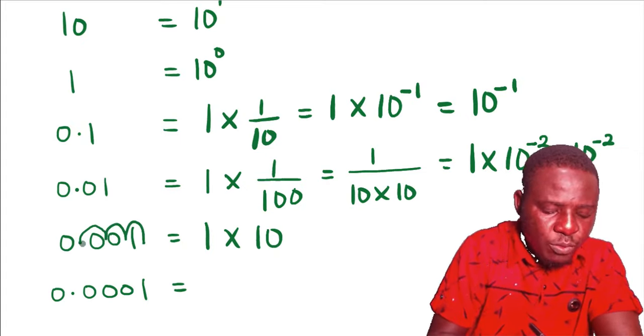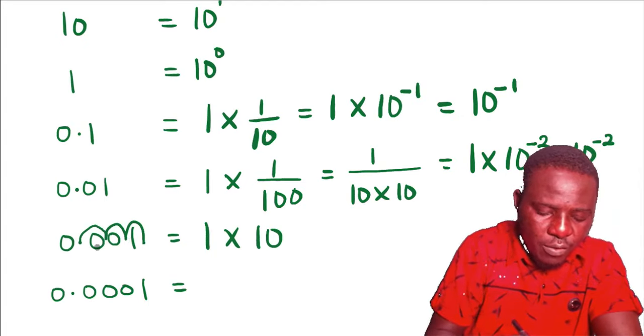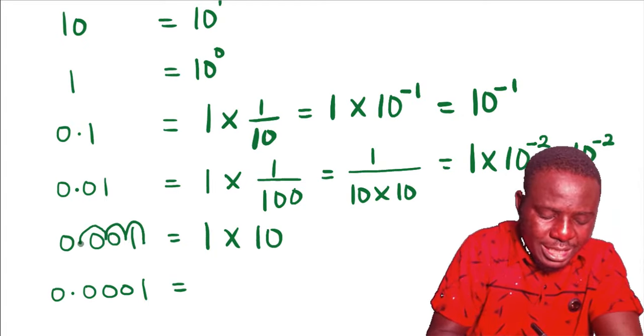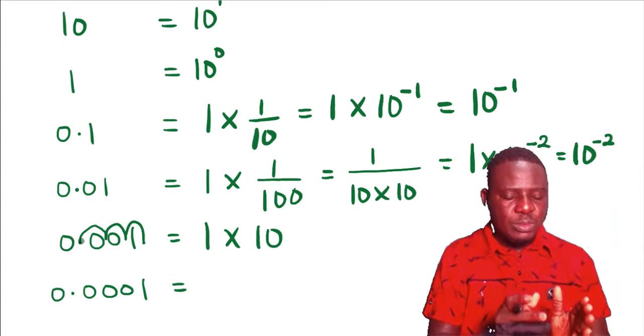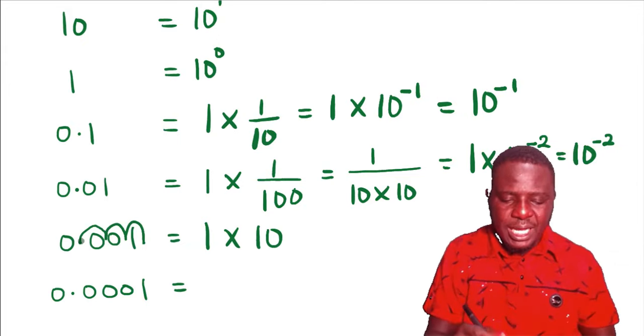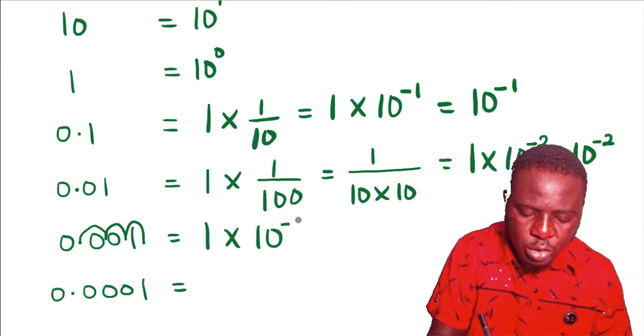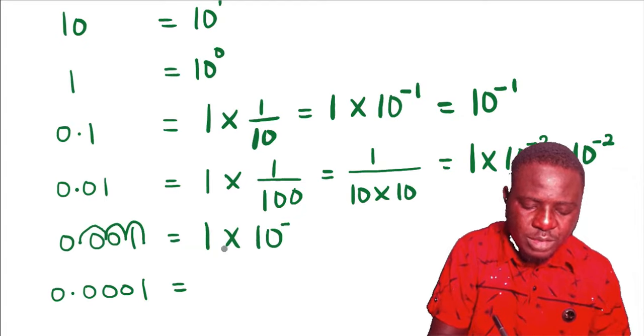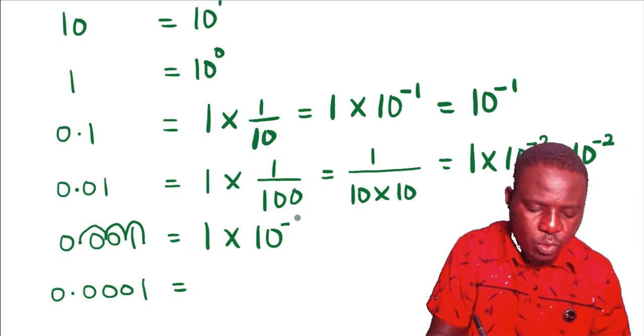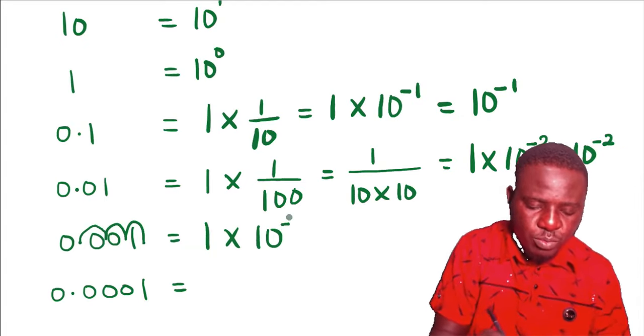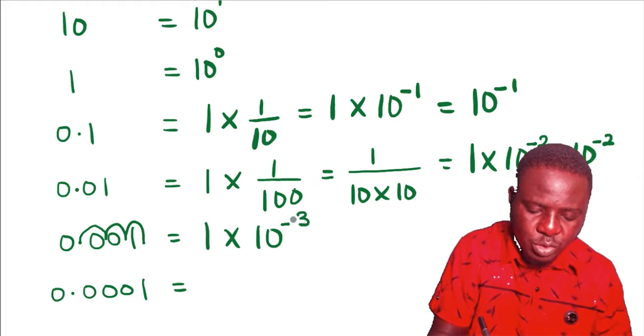So I have been able to move that decimal point 3 times from its initial position, but because I was moving towards the right, the power of 10 is going to be negative. So therefore this becomes 1 times 10 raised to the power of the number of times it was moved, which was 3 times. So this becomes -3.